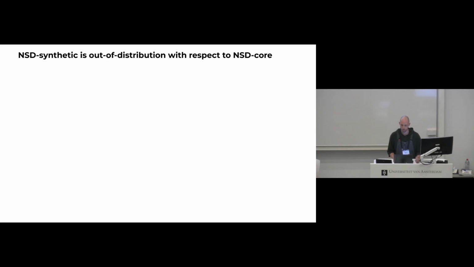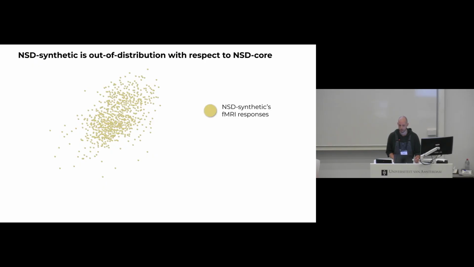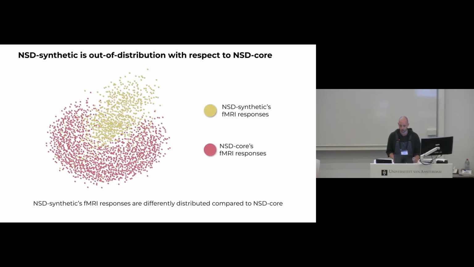And so to establish this, we reduced NSD synthetic and NSD core's fMRI responses to 2 dimensions using multidimensional scaling, and found that NSD synthetic forms a distinct cluster compared to NSD core, which indicates that NSD synthetic and NSD core's fMRI responses are in fact differently distributed.